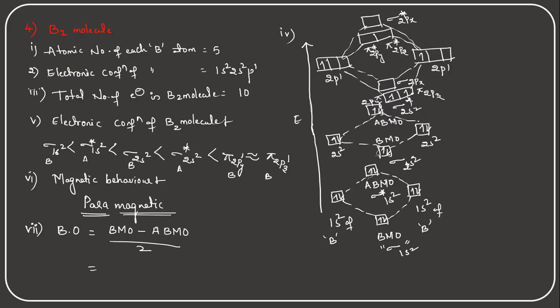Now let us check how many electrons are present in the bonding molecular orbitals. 2 plus 2 is 4, and 5, 6.